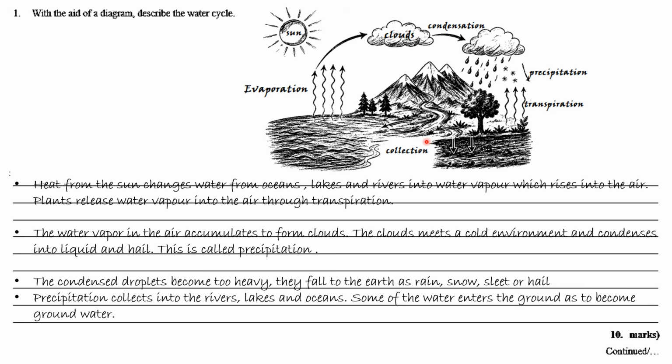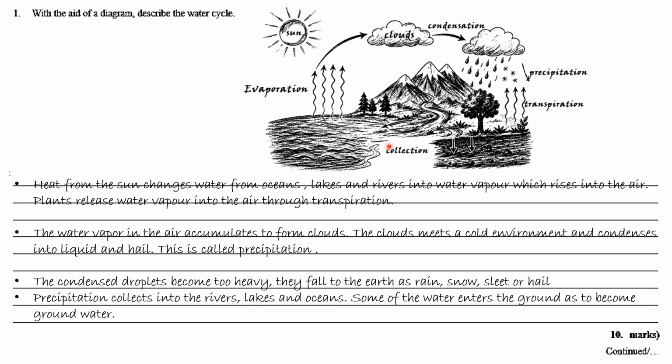So some of the water enters the ground by infiltration, but there's also what we call collection, which is done by runoff. I think I skipped that bit. Runoff. Water runs on the surface and is collected in the water bodies again.